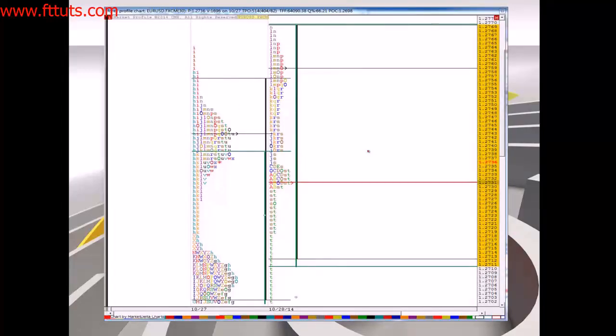By the way, there are many different ways to build a profile, and the profile can look different on different platforms. There are a plethora of options when it comes to the profile. So this is one look. We're going to begin with the basic look, and we will probably look at some variations of it.